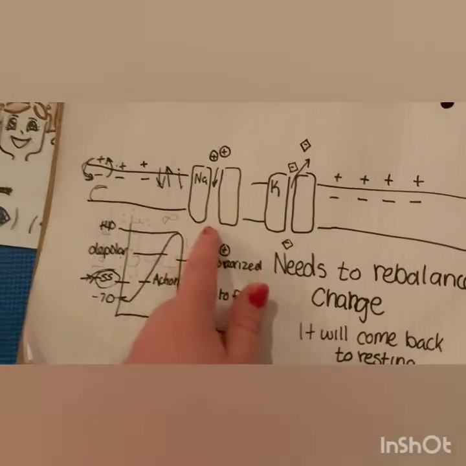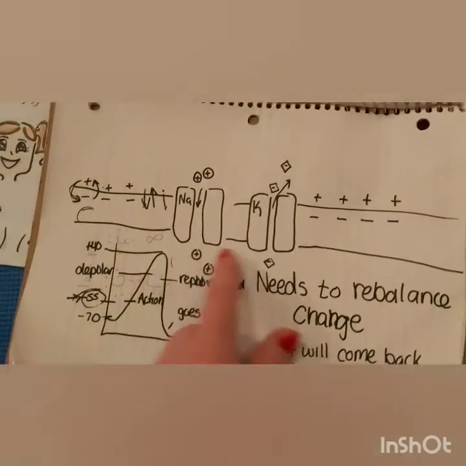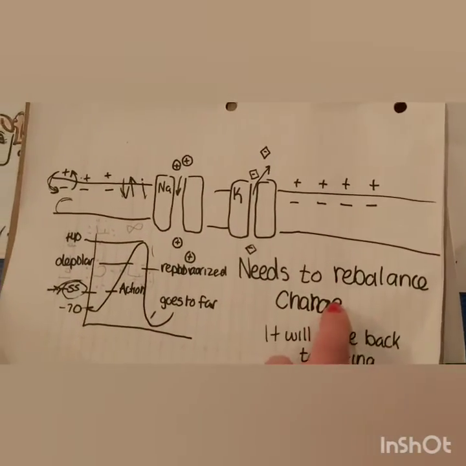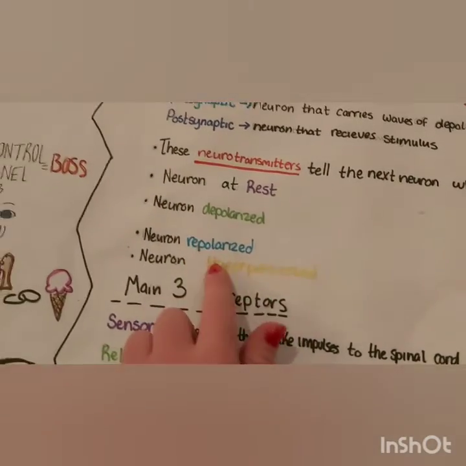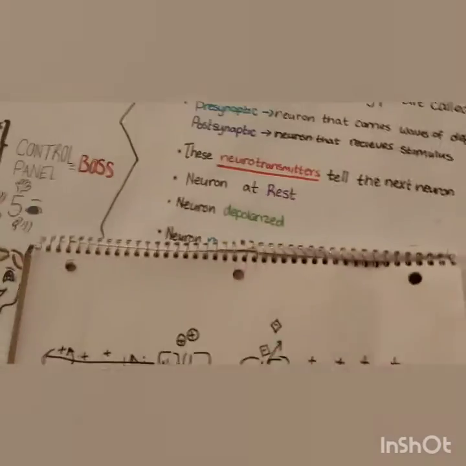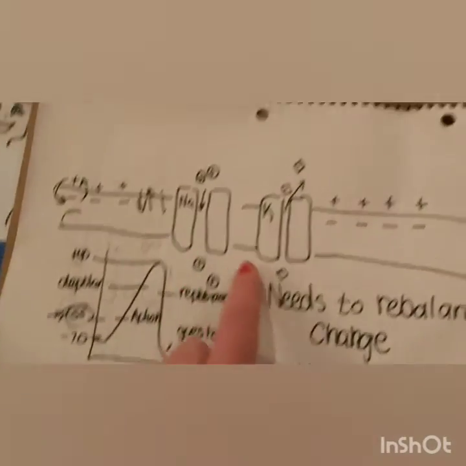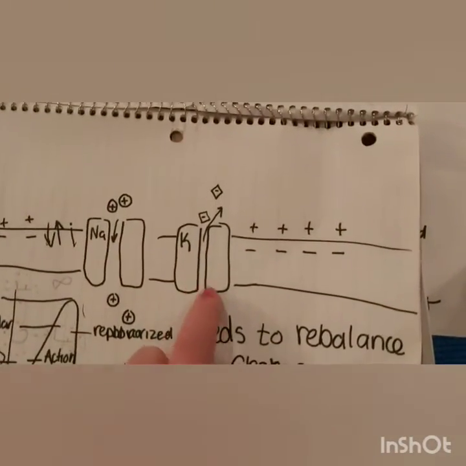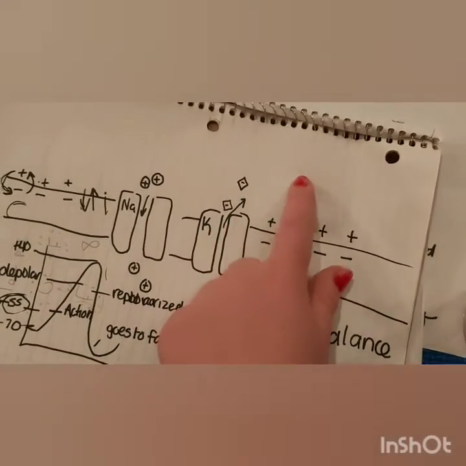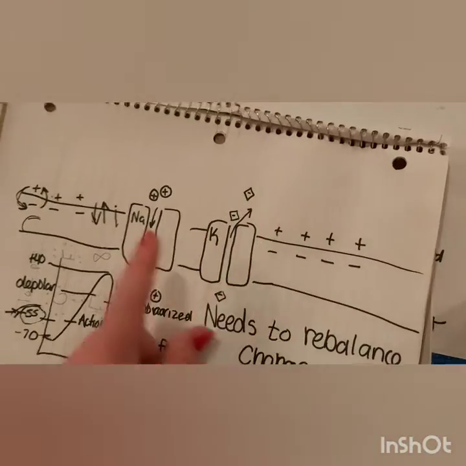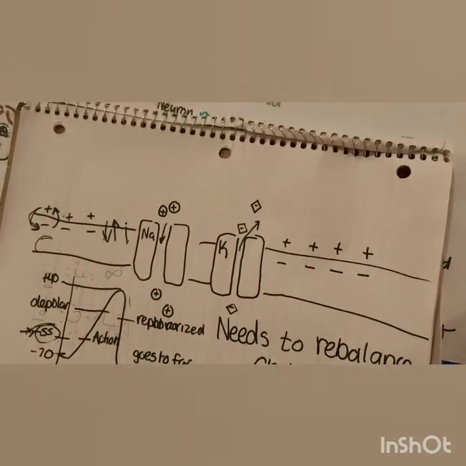So it goes to the peak of +40, but it needs to rebalance the charge. So it is repolarized. When it is repolarized, the potassium ion channels open and gets some positive potassium ions outside. So it makes outside positive.